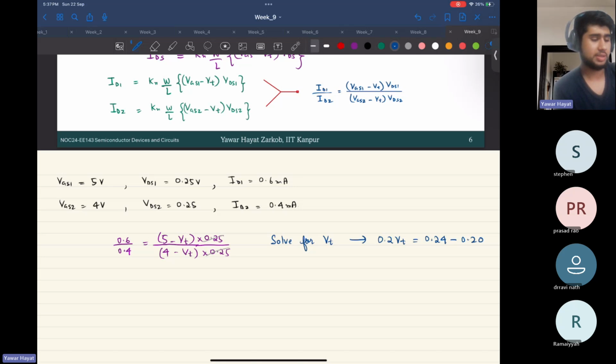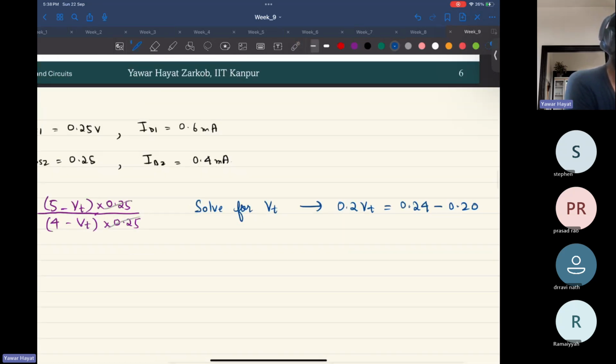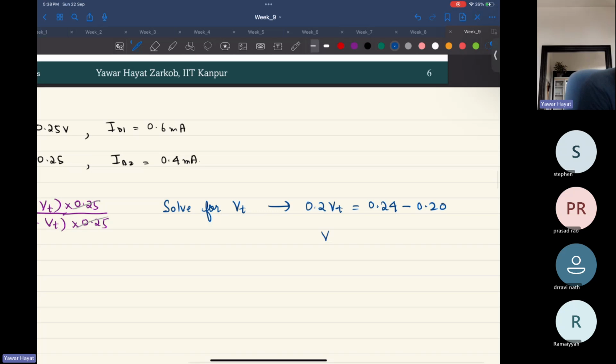Since I wrote in the guidelines, I'm assuming you have pen and paper handy, so you can work this out. How do we reach from this to this? Pretty straightforward. I won't waste time on that. Then your VT would be 0.2 volts.